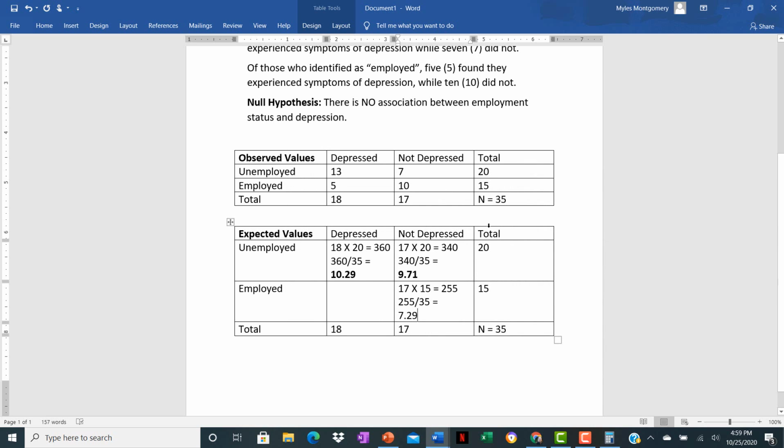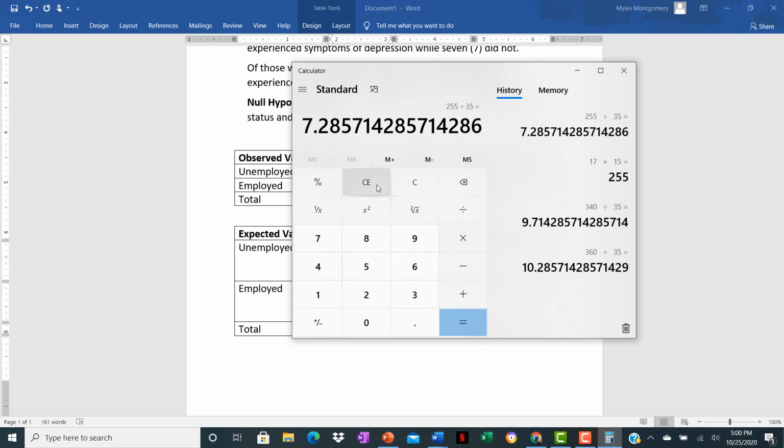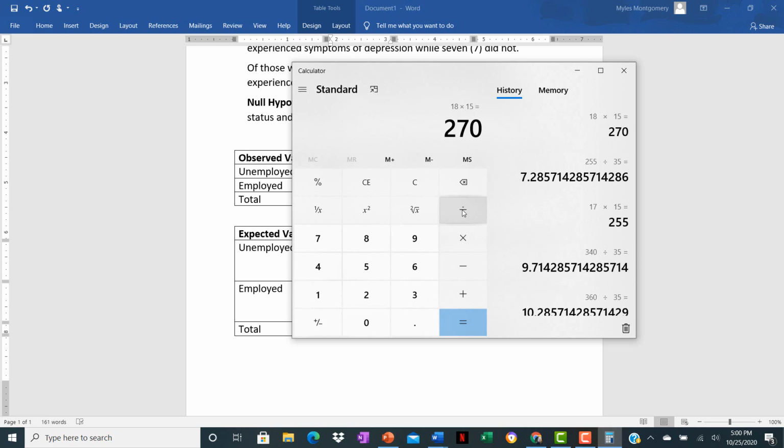There you go. And finally, we're going to go ahead and come to our final cell. I call this the D cell. We'll say 18 times 15 equals 270.